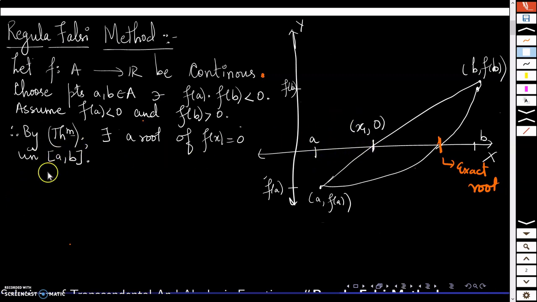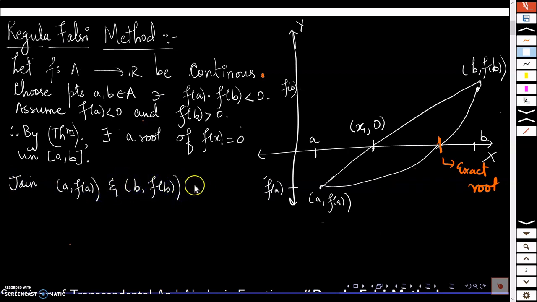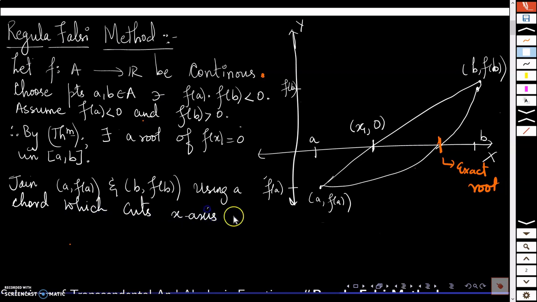So what we have done is we have joined the points a comma f of a and b comma f of b using a chord which cuts the x-axis at the point x1, right? As you can see in the graph, it cuts the x-axis at the point x1.